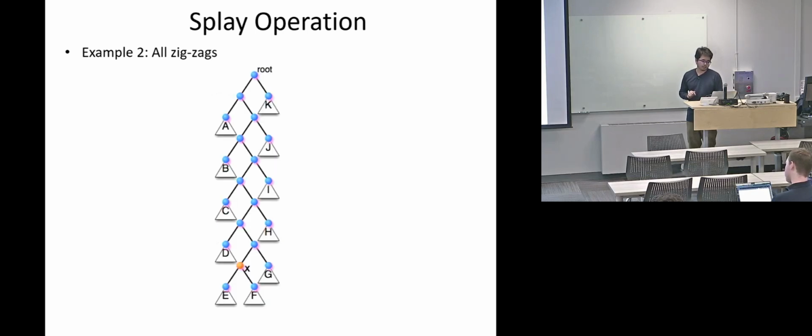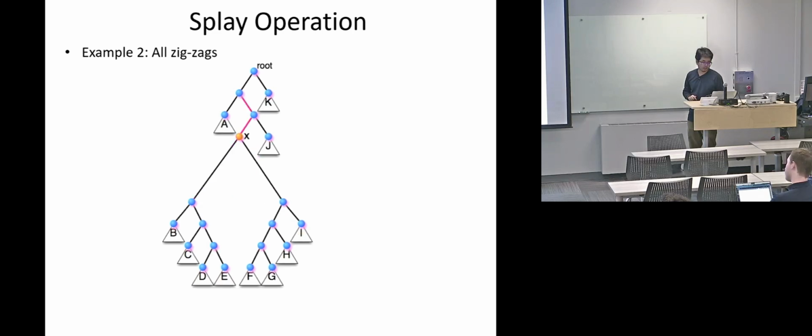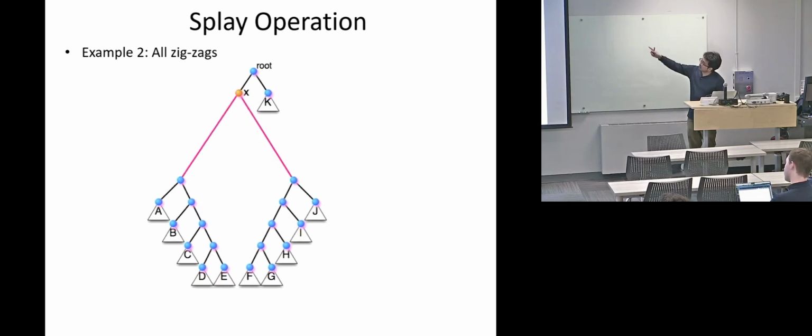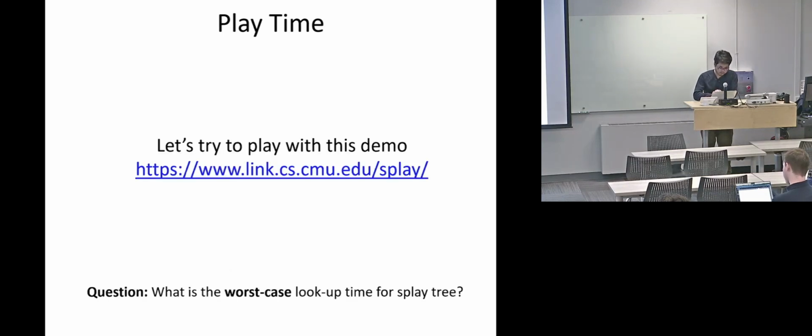And if it's here, we keep doing the same thing, again and again. And the last time here, you need to do a zig because there's no grandparent. Make sense?